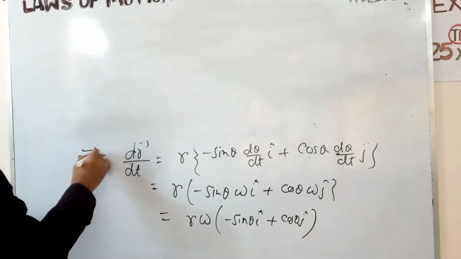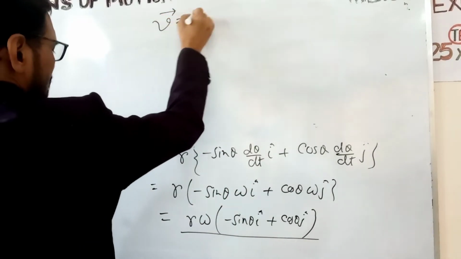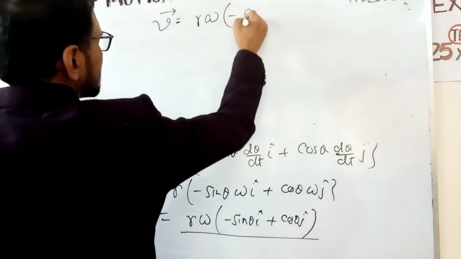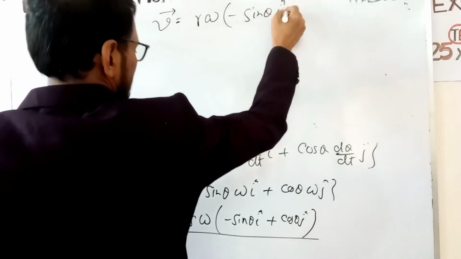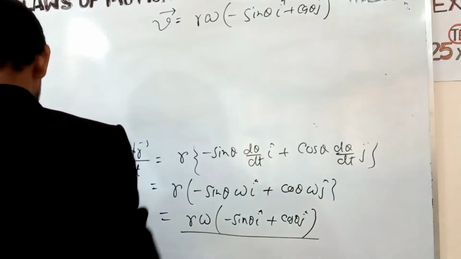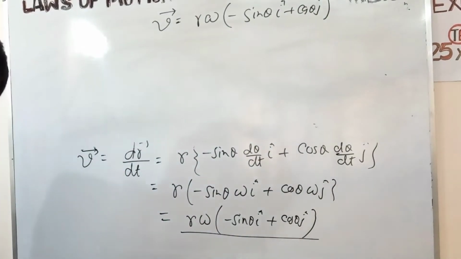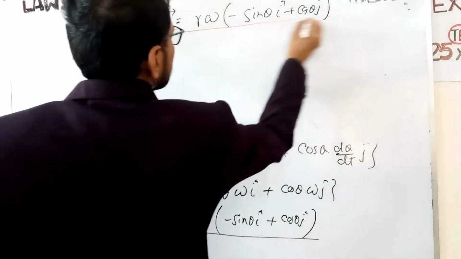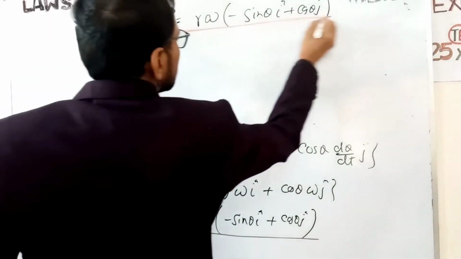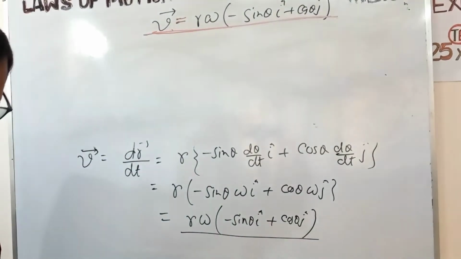We get the result v equal to r omega (minus sin theta i plus cos theta j). This is the velocity at any point of a particle rotating in a circular path.